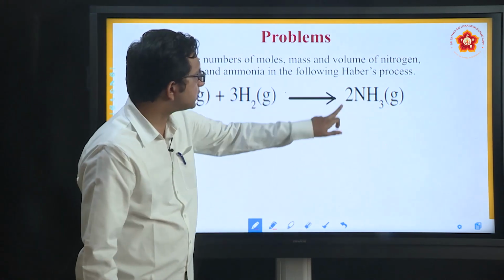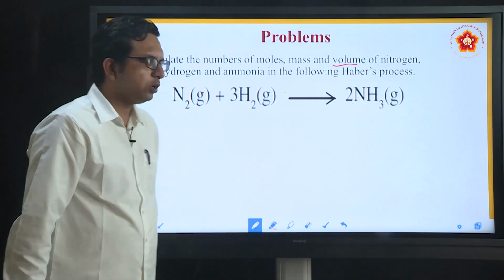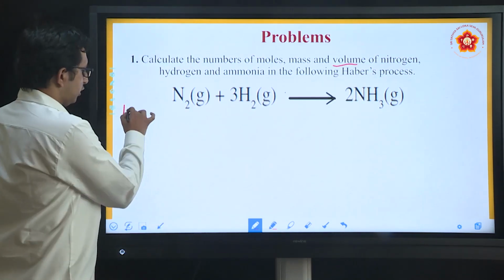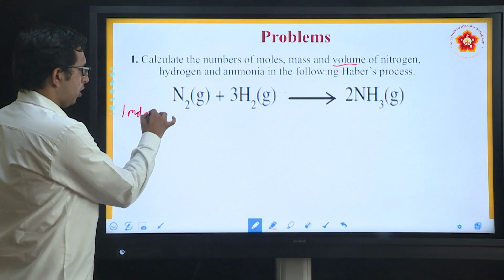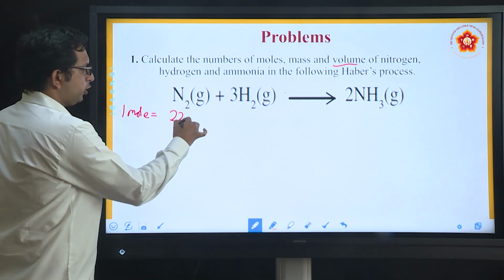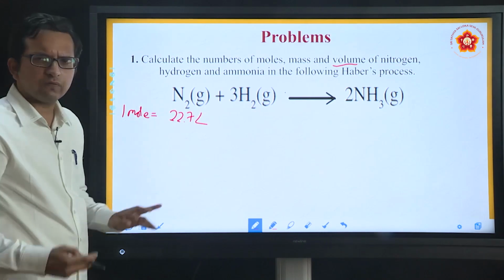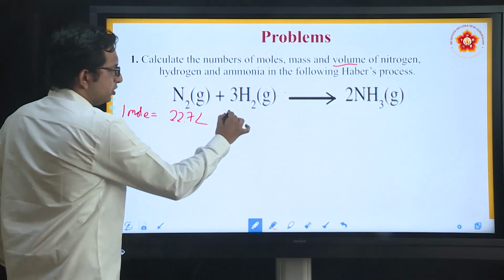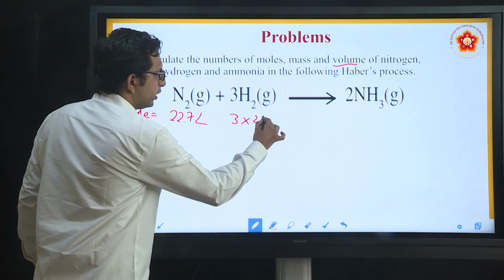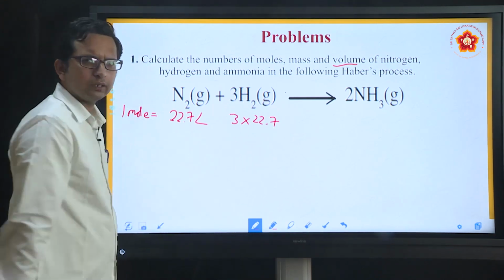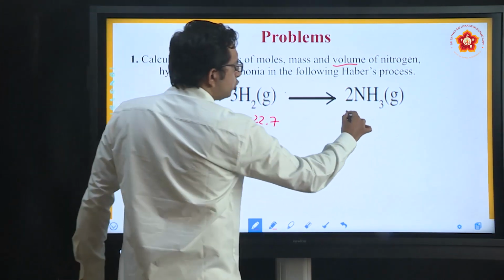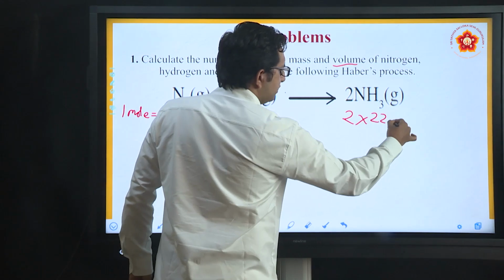Similarly, there is another aspect that has been asked, that is volume. You know very well that 1 mole of any compound will have 22.7 liters. So if 22.7 liters of nitrogen gas is taken, then hydrogen should be 3 into 22.7, because 3 moles are taken, whereas ammonia should be 2 into 22.7.